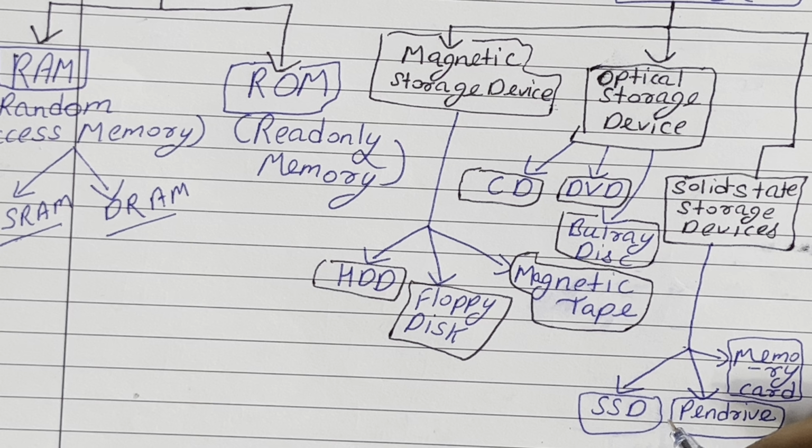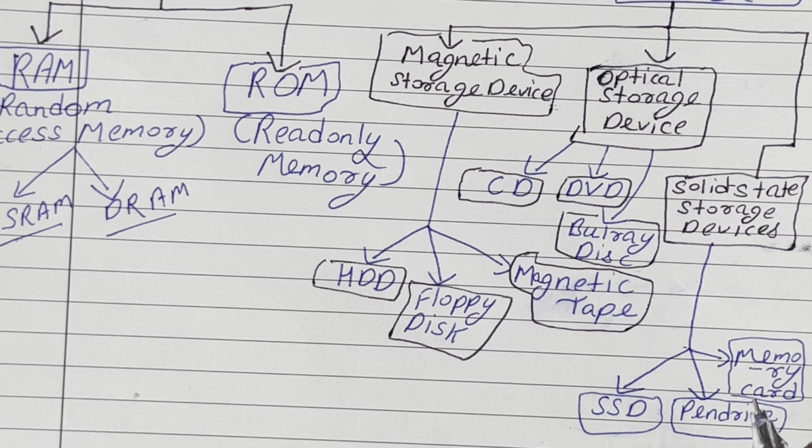SSDs are commonly used as the primary storage device in modern computers because they improve the overall system performance. They allow faster operating system startup, quicker application loading, and smoother multitasking.